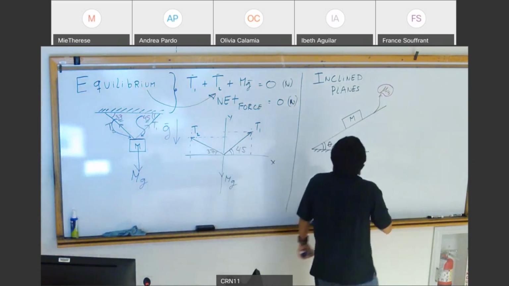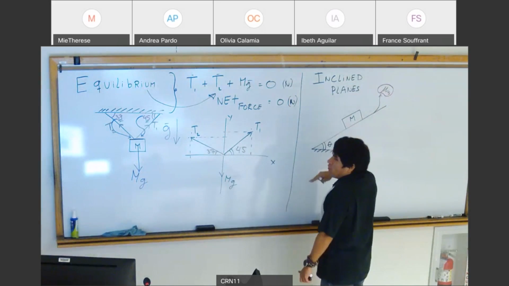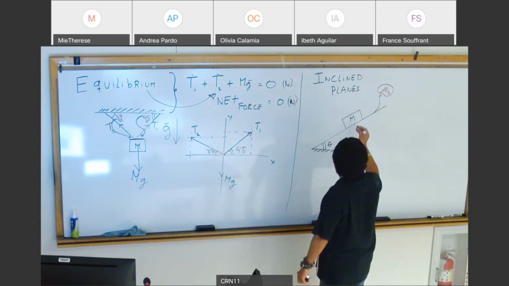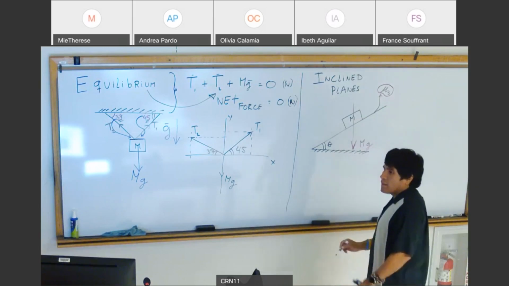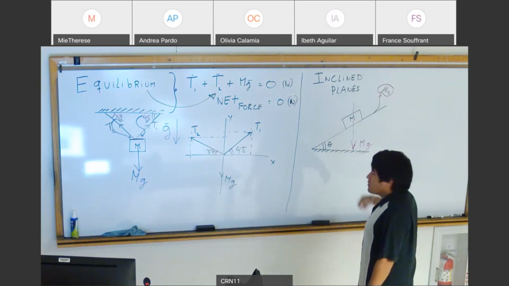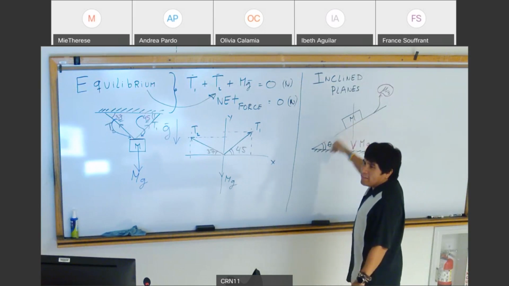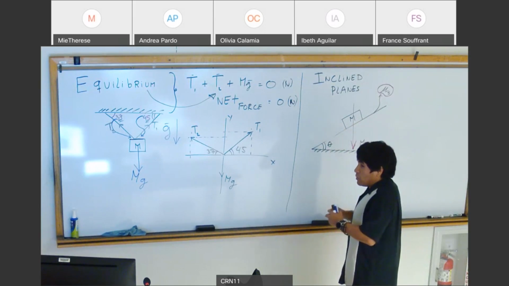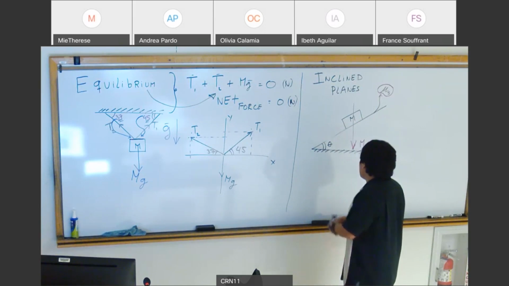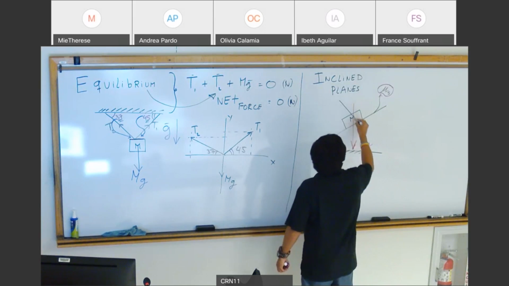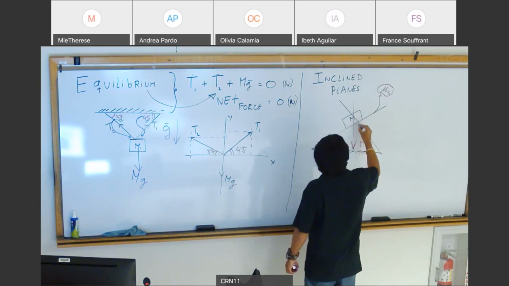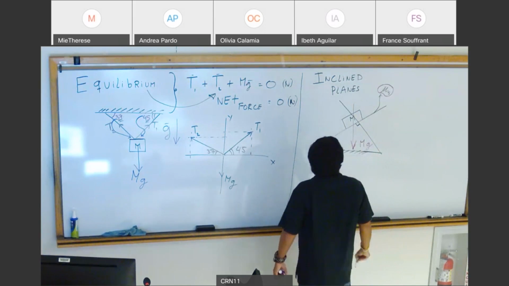So what's making the object fall, or at least trying to fall? You will say, well, this guy, mg. But mg is pointing downwards. What about along the plane? What you will do is this very nice thing. You will draw this line perpendicular, all right?